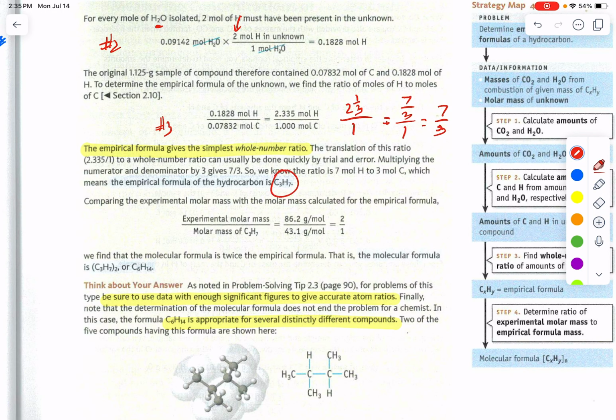Now when I add up 3 carbons plus 7 hydrogens, I get this mass of 43.1 grams per mole. However, if you went back to reread the original problem, they used a different piece of diagnostic equipment and found out that the molar mass was 86.2. A piece of equipment, for example, like a melting point apparatus.